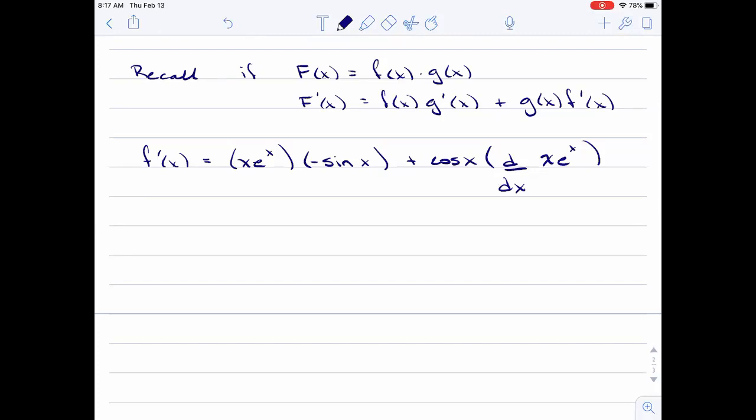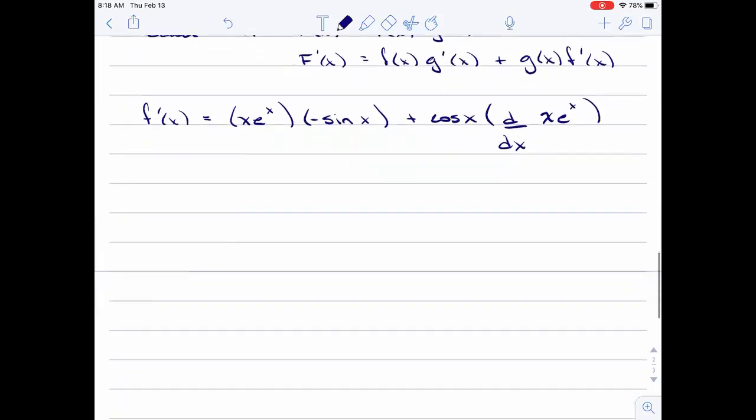Here I've got f prime of x, but then a d dx of x e to the x, because d dx is just clearer than putting a prime out top, which is what you would do with prime notation. So you can mix and match, whatever makes it easier to communicate.